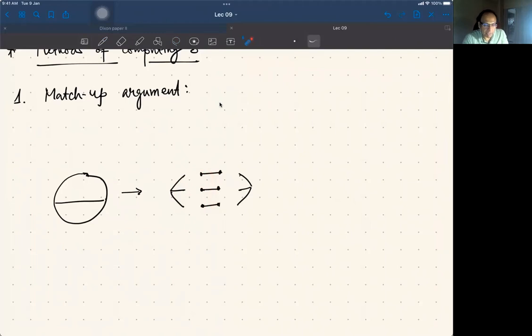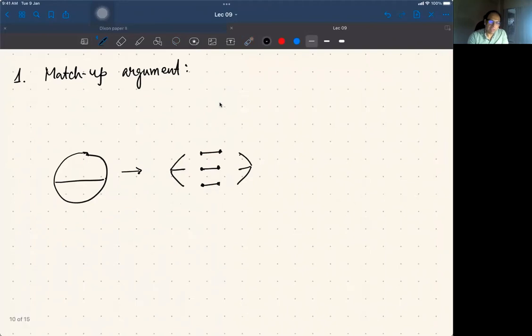So that's a matchup, and that costs factorial 3, and corresponding to that matchup you would get a factor of factorial 3. So this interchange of derivatives and interchange of propagators are matched up.